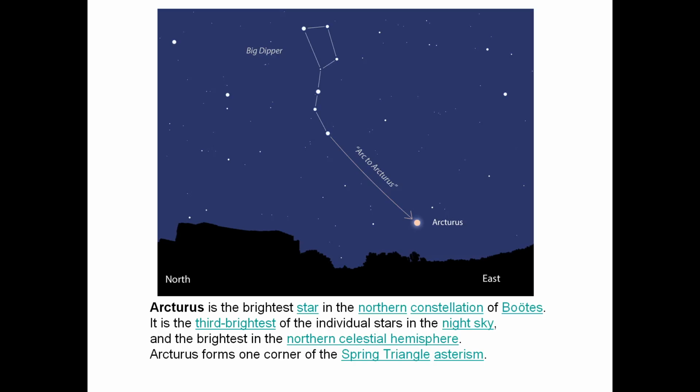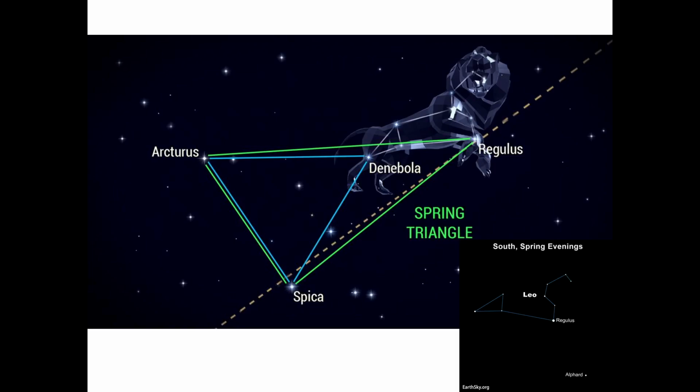It's also part of what's called the spring triangle, not to be confused with the summer triangle. The spring triangle has to do with Regulus, which is in the constellation of Leo.